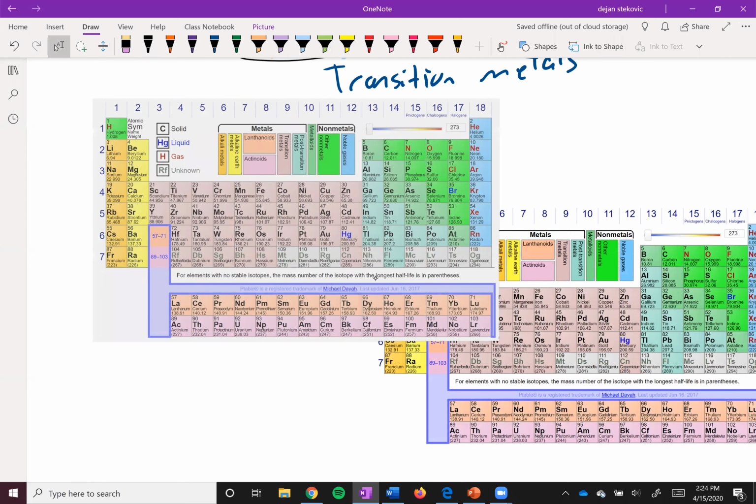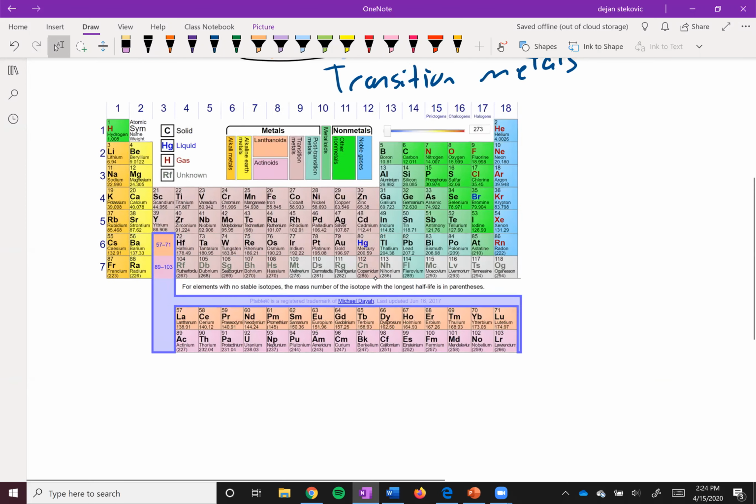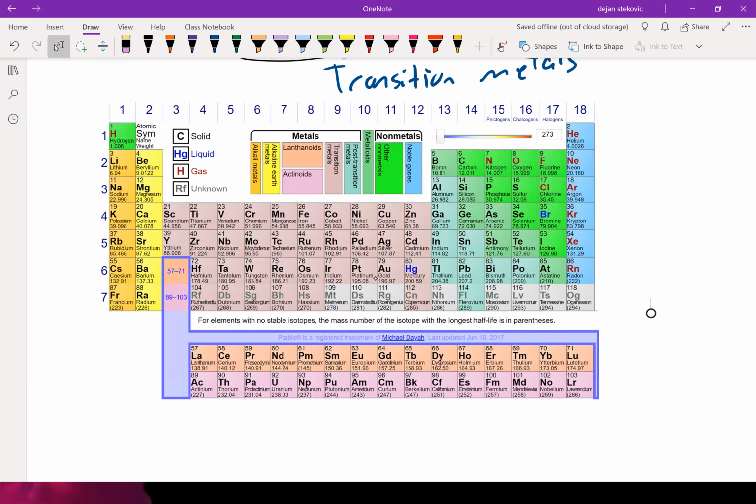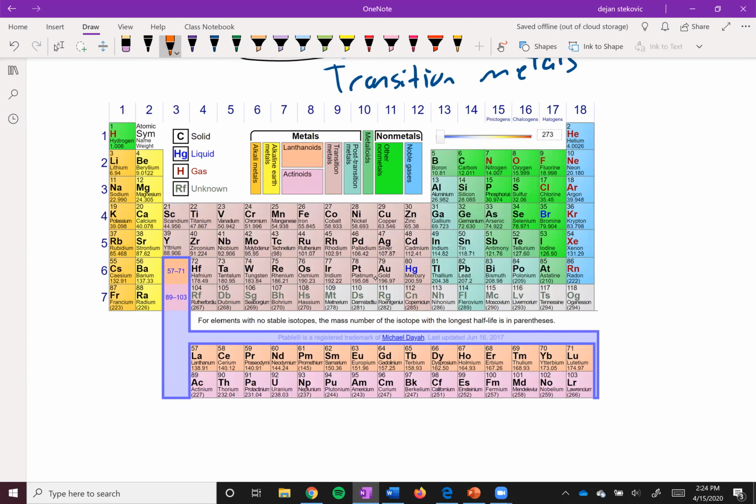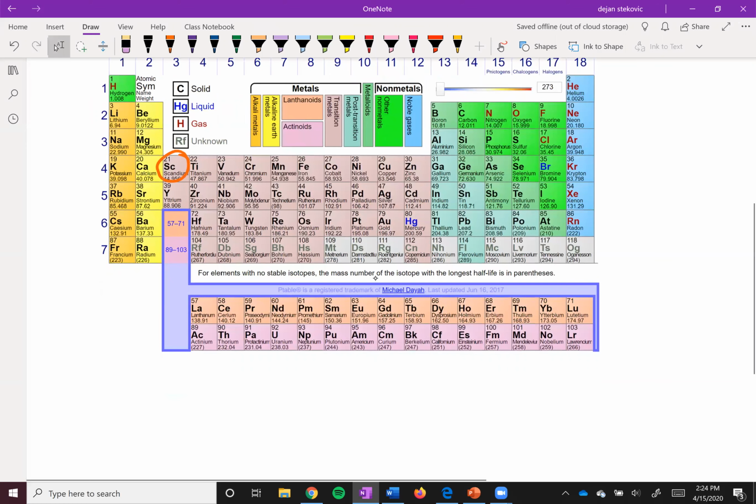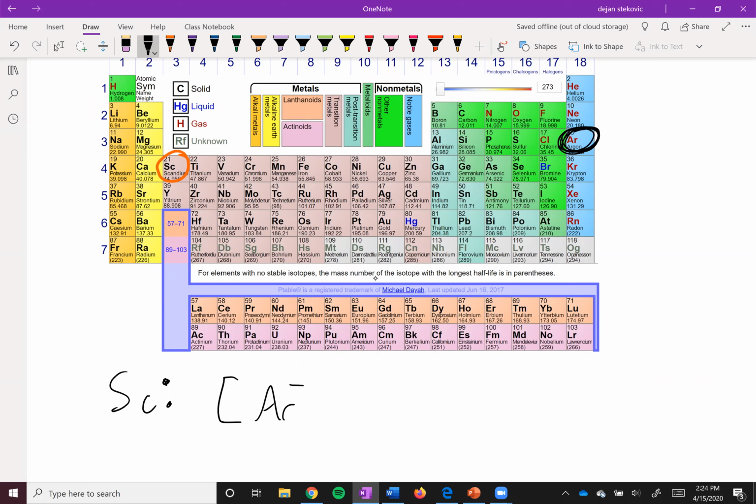So we've got our periodic table. Let's take a look at the first transition metal right here, scandium. So again, we can use our noble gas to say that scandium has the same electron configuration as argon and then some. We're at 4 here, and remember this is the S block.